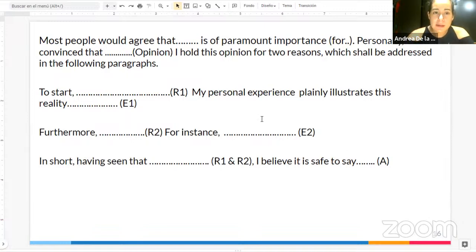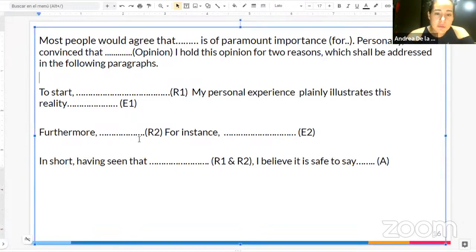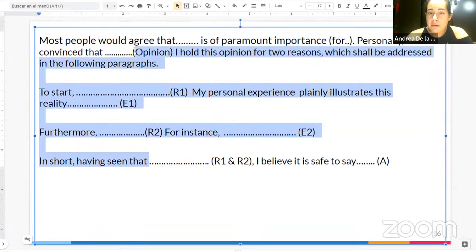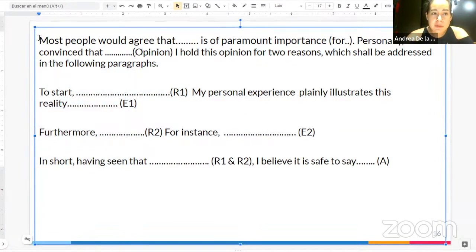So let's do that. First thing, remember we said we will need 4 paragraphs. So these are the 4 paragraphs. This is paragraph 1, paragraph 2, 3, and 4. Remember I told you we have an introduction and a conclusion. So the first paragraph is the intro, the final one is the conclusion. And these other 2 paragraphs, we're going to call them the body paragraphs because they are the body of your essay.